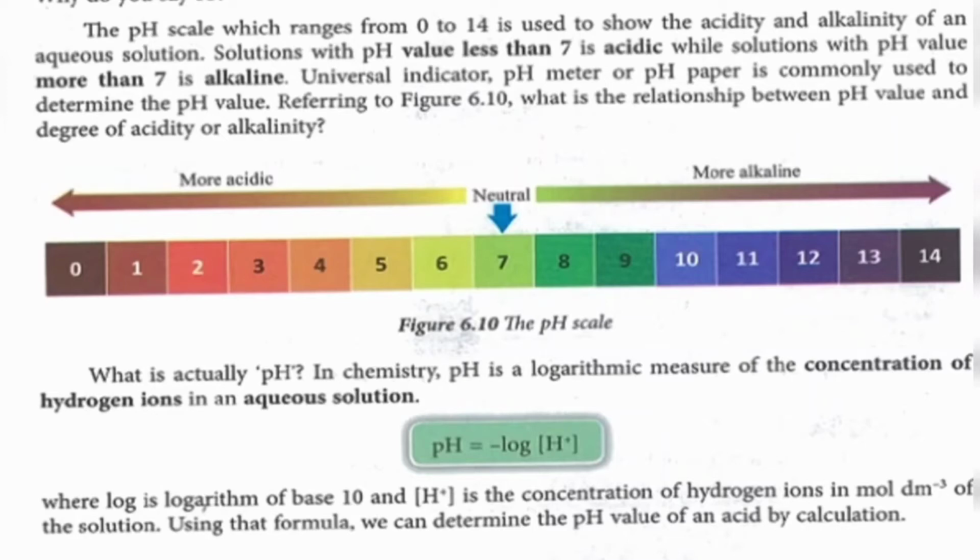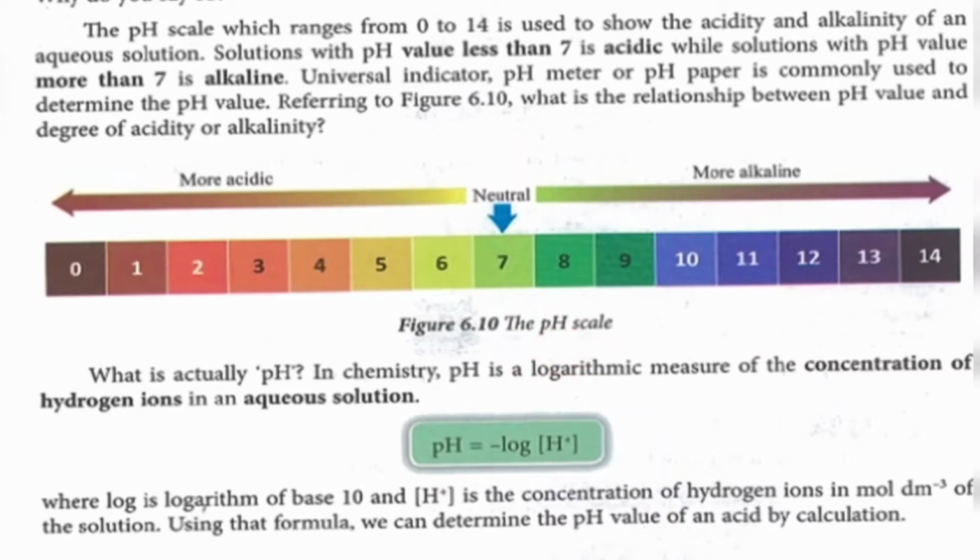Okay, so what is actually pH? In chemistry, pH is a logarithmic measure of the concentrations of hydrogen ions in an aqueous solution. Okay, so this is the formula of pH. pH is equal to negative log the concentrations of hydrogen ion.